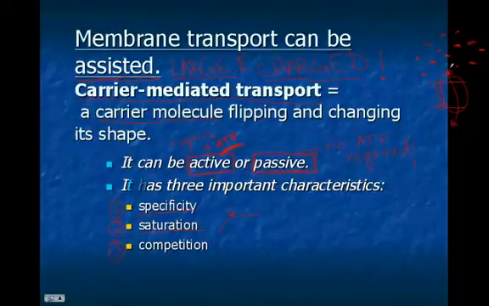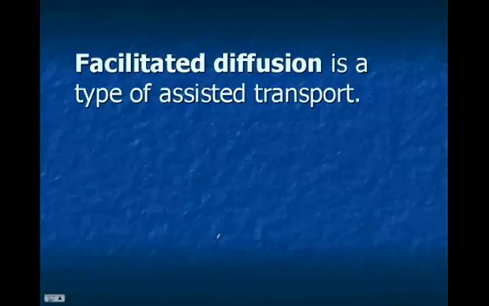Whichever molecule is in a greater concentration outside here is going to be the molecule that's more likely to bind to that receptor site. That's what we call competition. So those are the three important characteristics to keep in mind for any membrane transport protein.